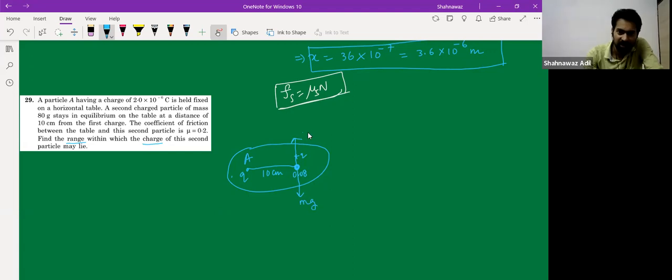And this charge will try to repel in this direction. This is the Coulombic force. So if this is the Coulombic force, what is the other force that is balancing this Coulombic force? Tarif, Shahid, and Faiza, guys, please help me. What is the force that is balancing the Coulombic force? Yes, Shahid.